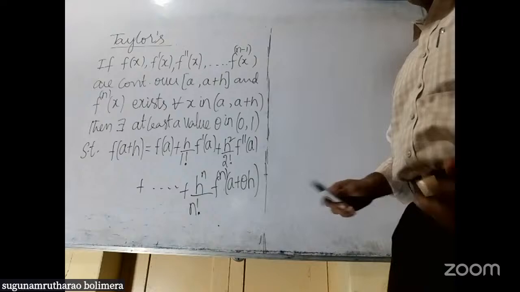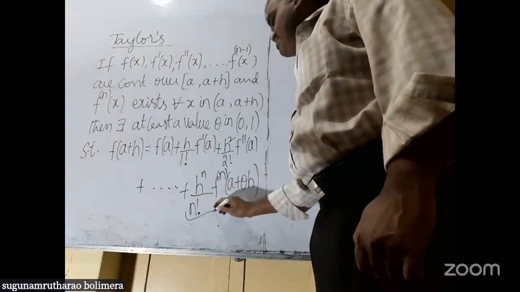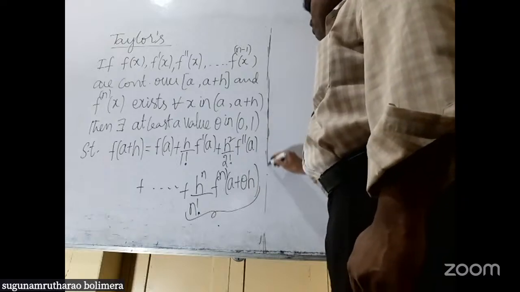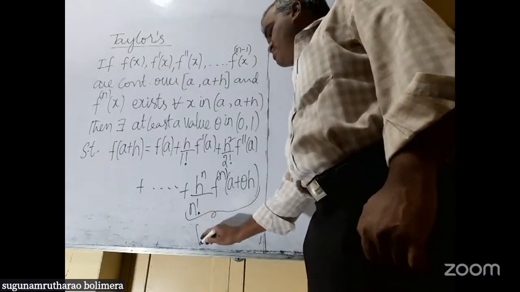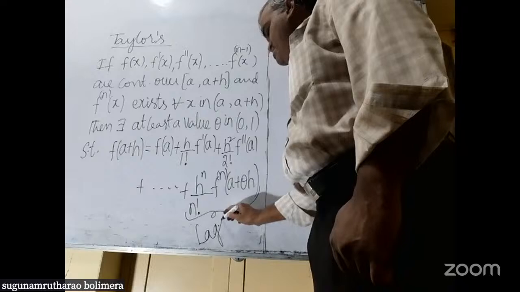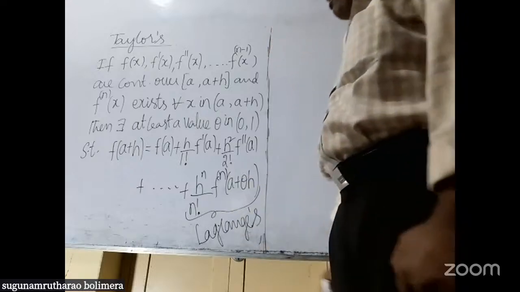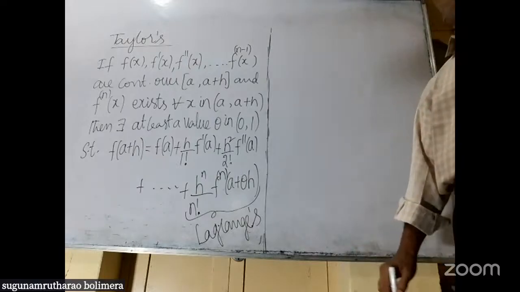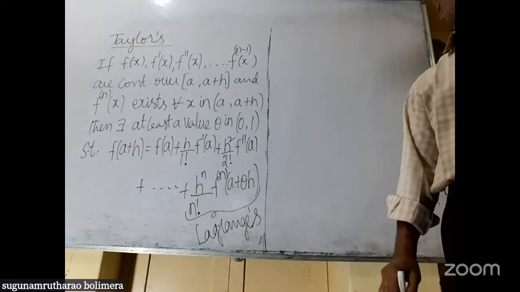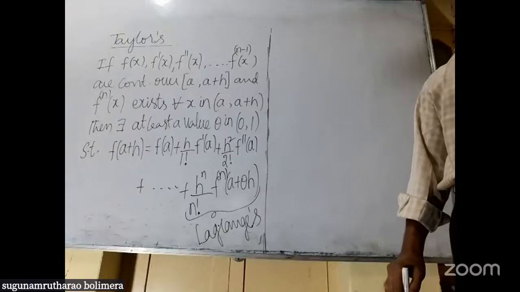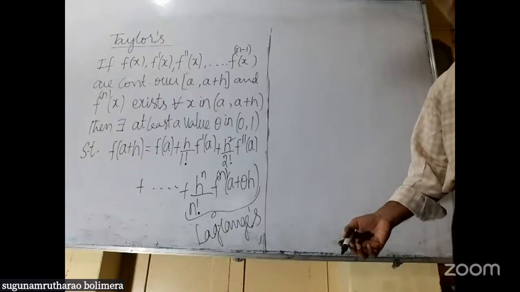This last term is known as Lagrange's form of remainder. Why are we using Lagrange's? Because this is nothing but the extension of Lagrange's mean value theorem.